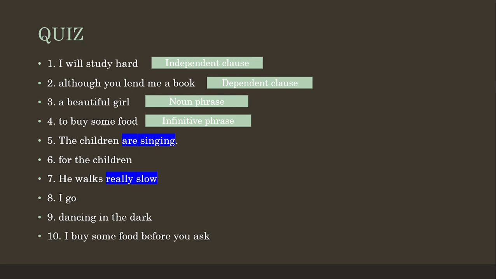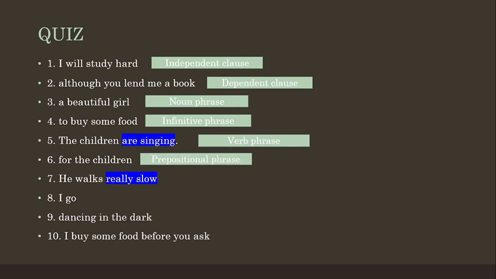The phrase is only the one in blue: are singing. We have a helping verb, are, followed by another verb, so this is a verb phrase. Yes. Next, number 6, for the children. There is for. For is a preposition, so number 6 is a prepositional phrase. Good.